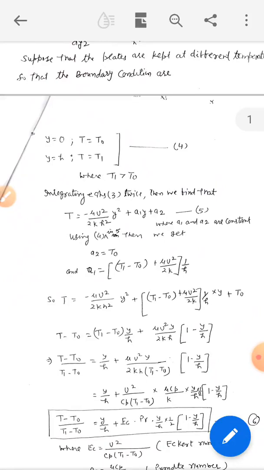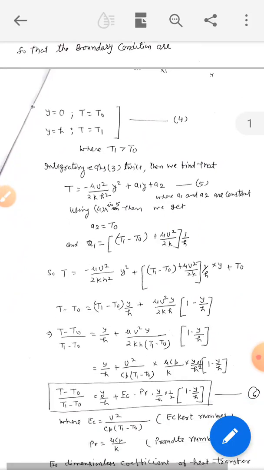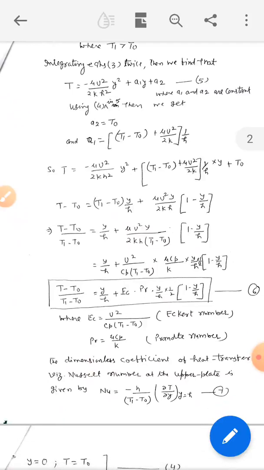The value of a2 is T0 and the value of a1 is equal to (T1 minus T0 plus μ U²/(2κ)) times 1/h. So T equals minus μ U²/(2κh²) y² plus (T1 minus T0 plus μ U²/(2κ)) (1/h) y plus T0.